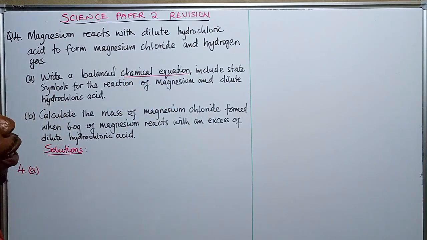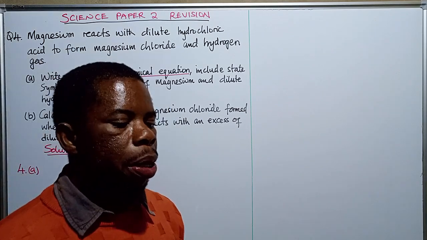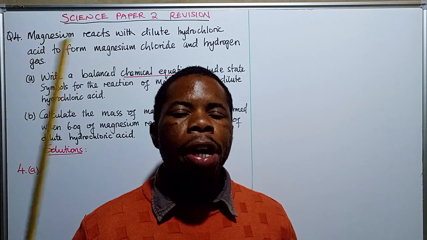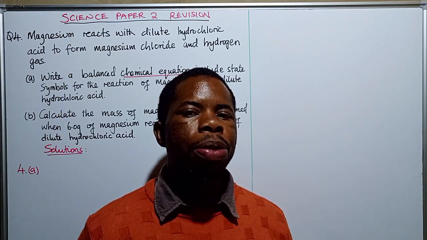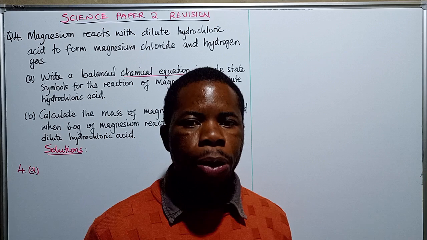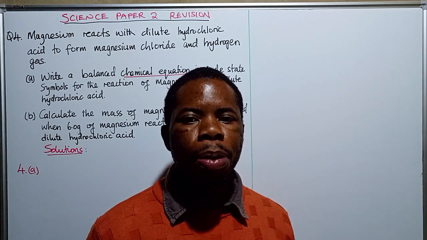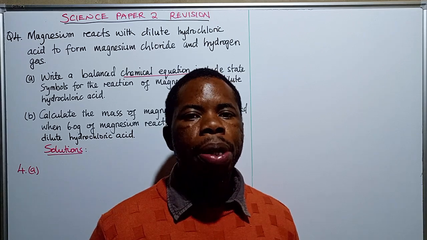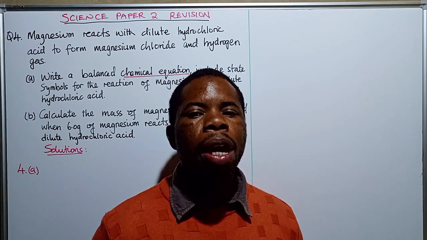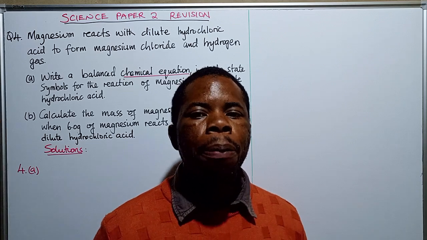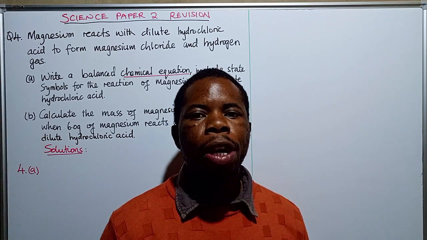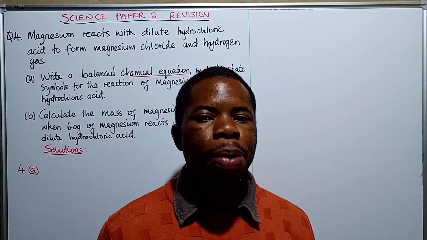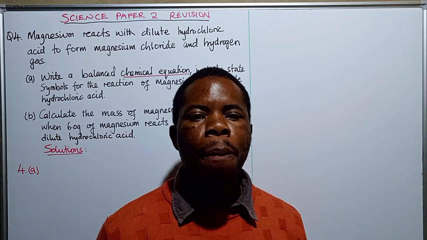A chemical equation is a short way of writing a chemical reaction using the chemical symbols of elements found on the periodic table and also using the chemical formulas of compounds.